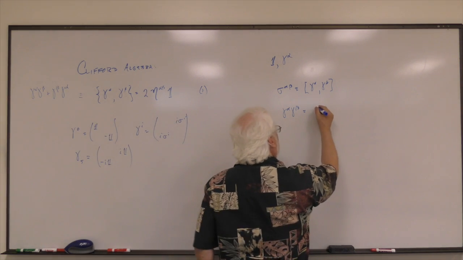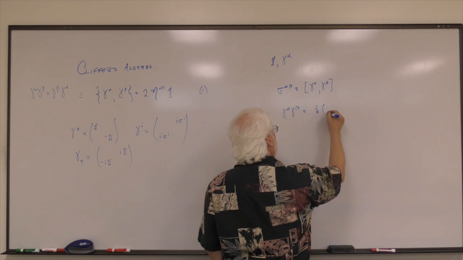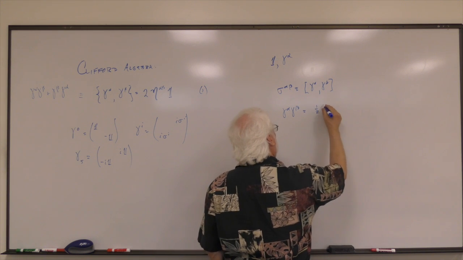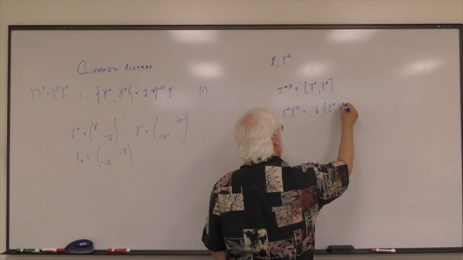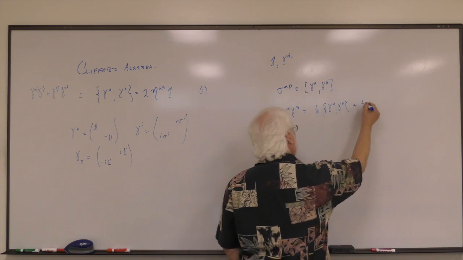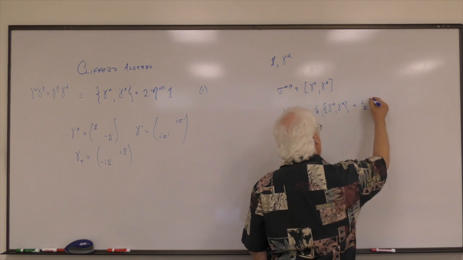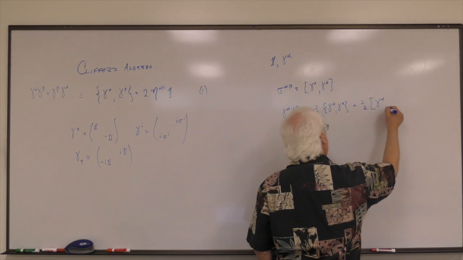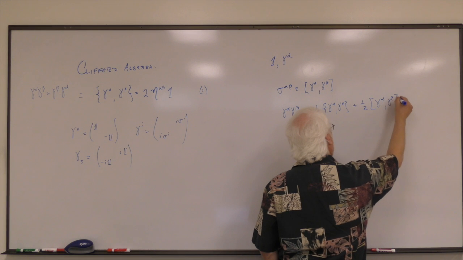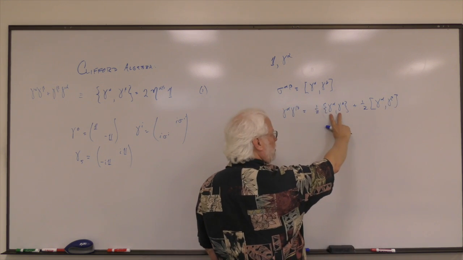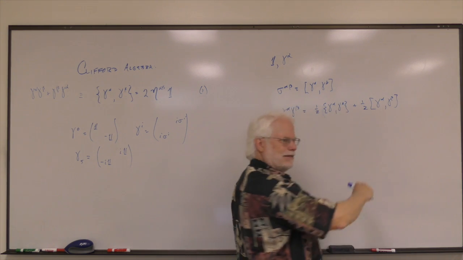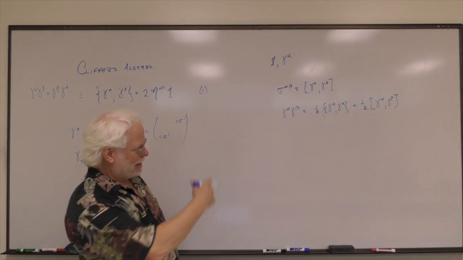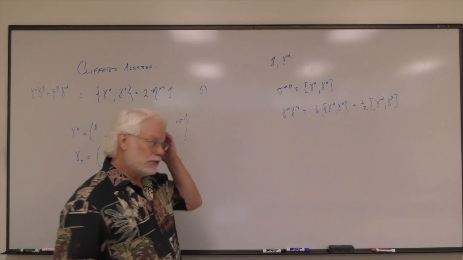So I can write this as a symmetric part, half the anticommutator, plus the antisymmetric part, half the commutator. Is it clear that this is a true statement? This is gamma alpha gamma beta plus gamma beta gamma alpha, minus. Just write it out, and you see that the extra term cancels.